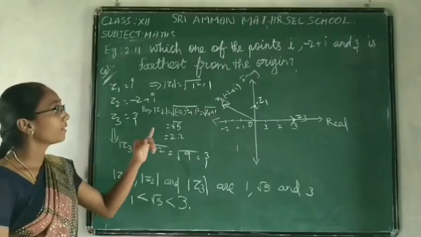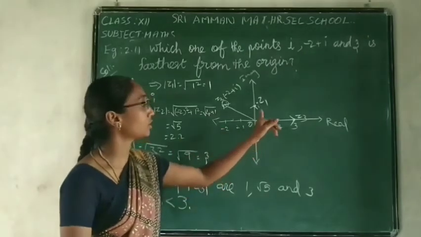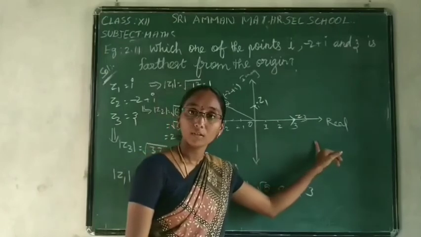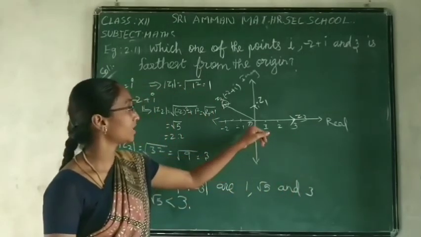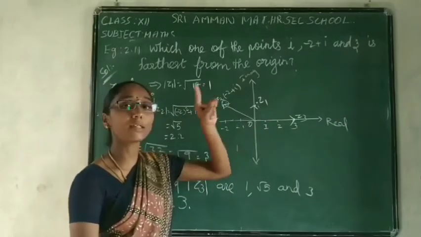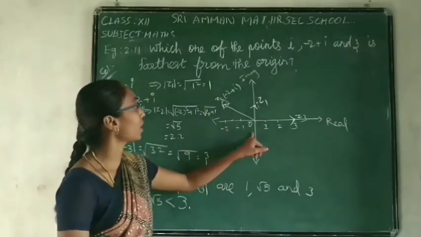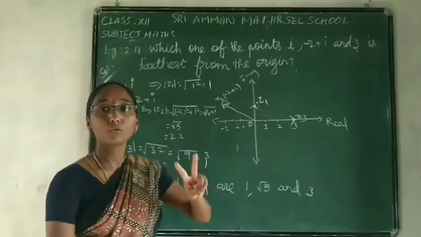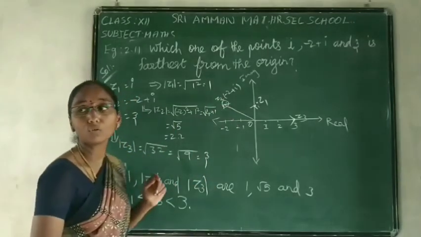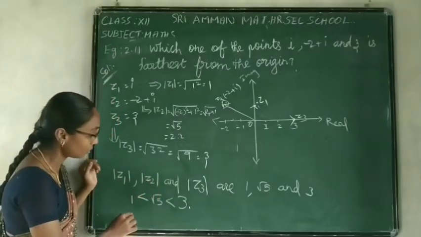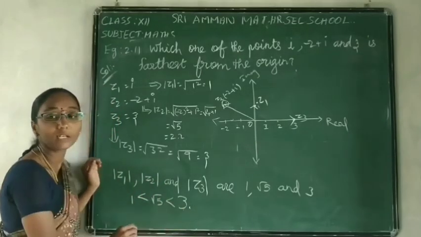The distance from the origin to z3 is 3. The distance from the origin to z1 is 1. The distance from the origin to z2 is 2.2. So the greatest length is 3.